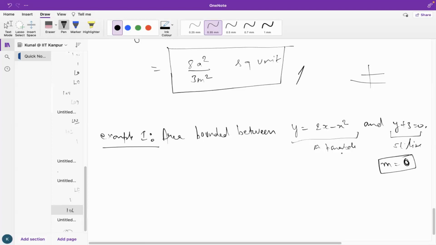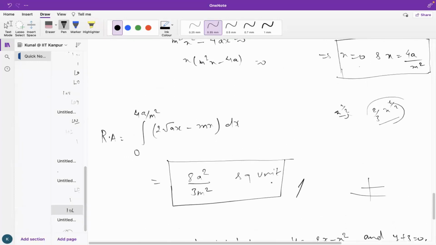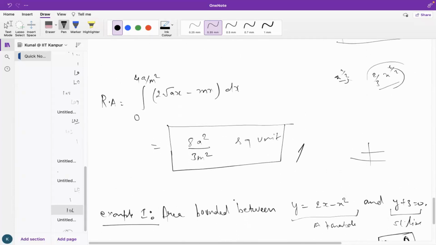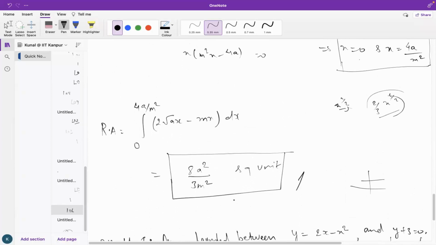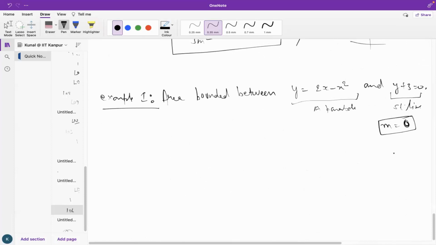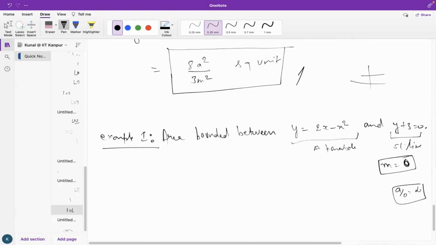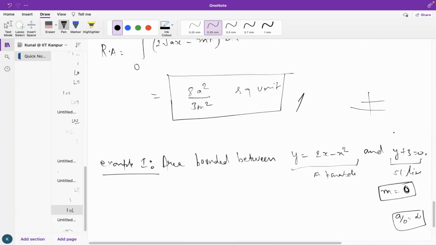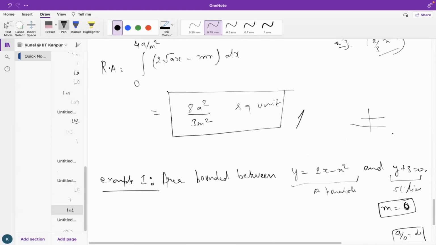Now the situation is, if we put the m value here, which is actually 0, we will get the required area as infinite, because you must have studied in limits, like a by 0 is infinite, and here the straight line's slope is 0, right? What is its slope? 0.